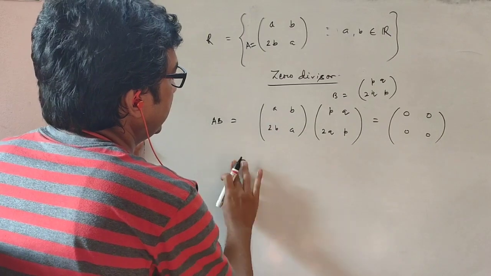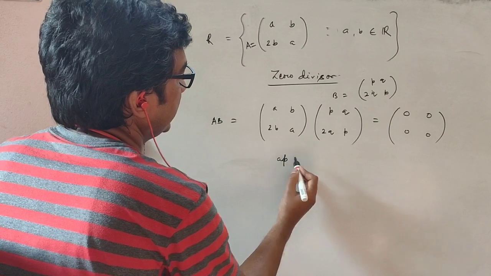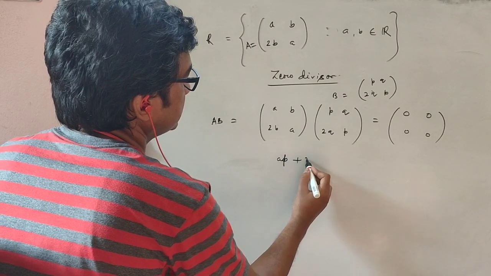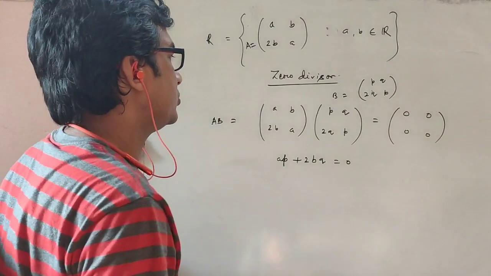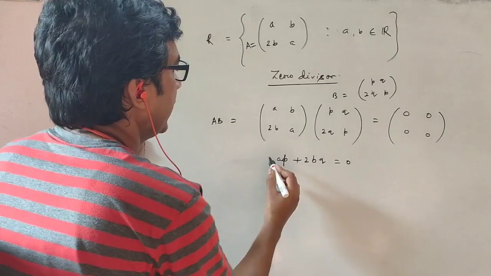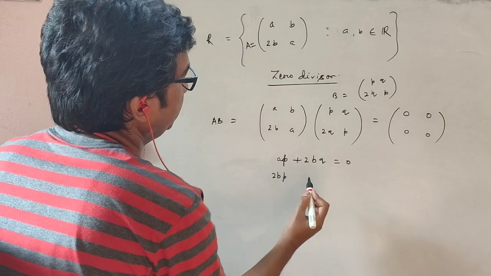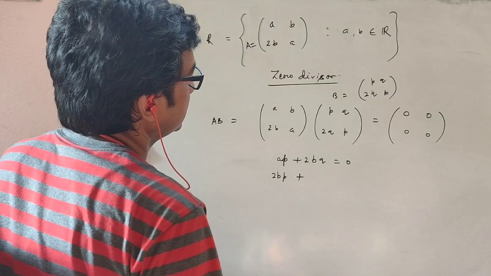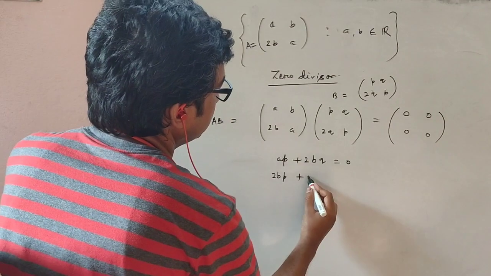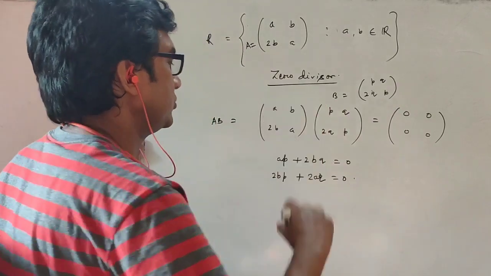Now from the multiplication we get AP plus 2BQ equal to 0 and 2BP plus 2AQ equal to 0.